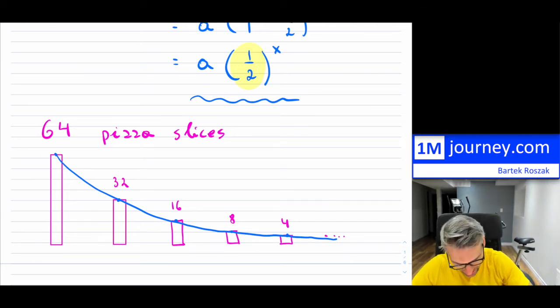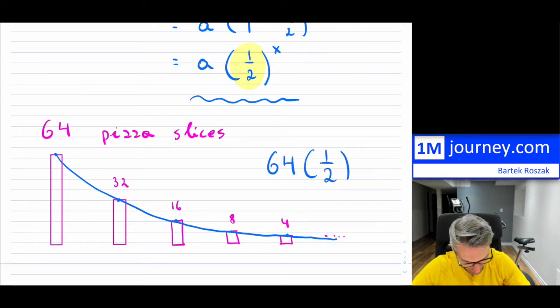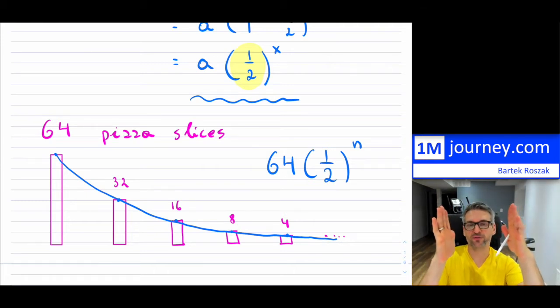So our A was 64 slices, and we're interested in, when are we halving that? And then our X, maybe instead of using X, I'll use N again. And N just represents the period of time that it takes to go from 64 to 32, so basically to halve that in size.